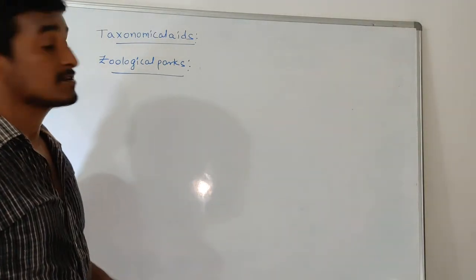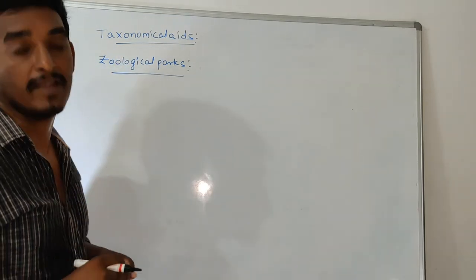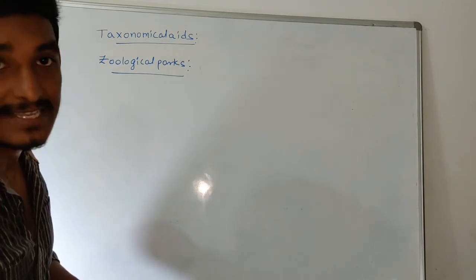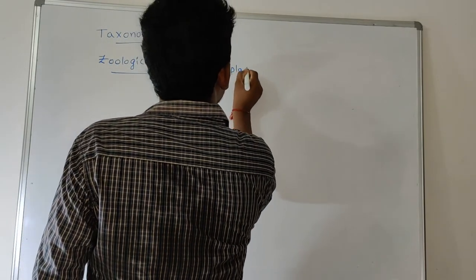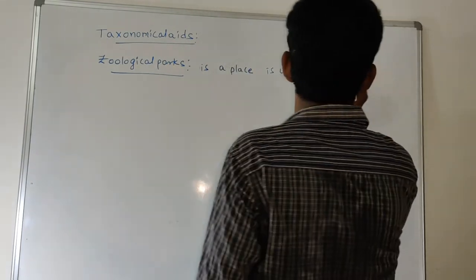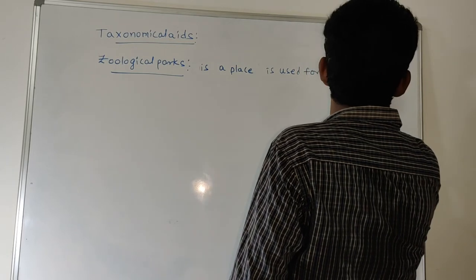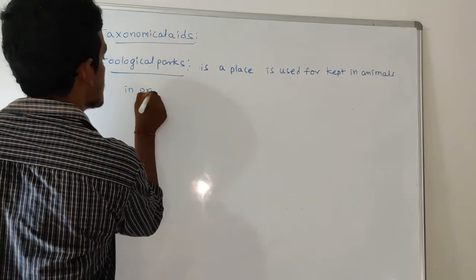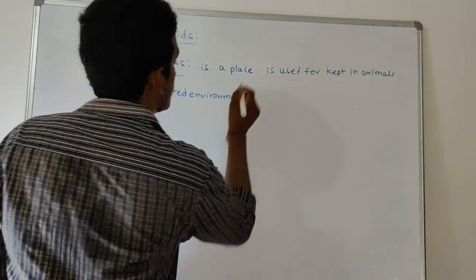What about a zoological park? A place where animals are kept in a protected environment is called a zoological park. A zoological park is a place used for keeping animals in a protected environment under human care.